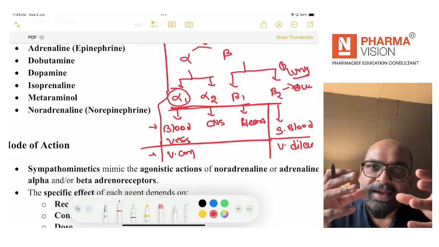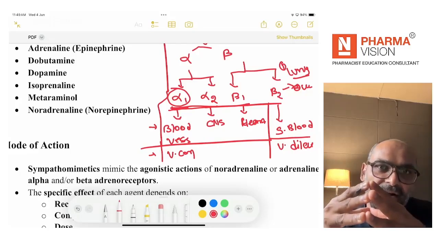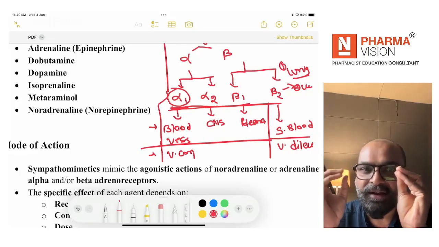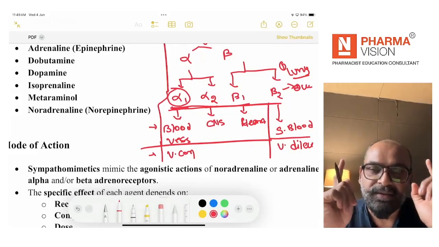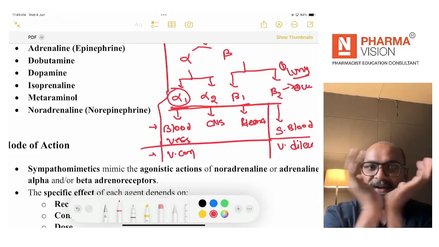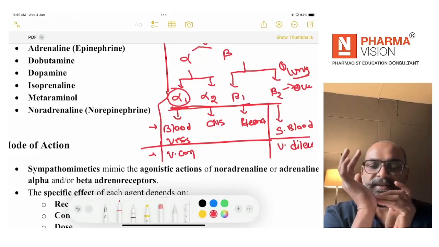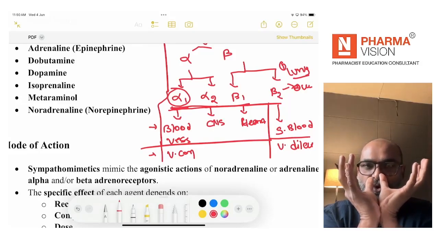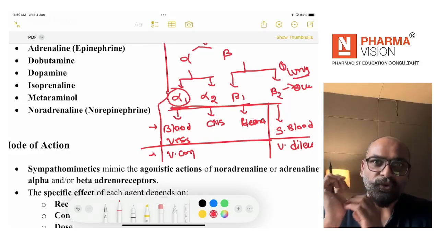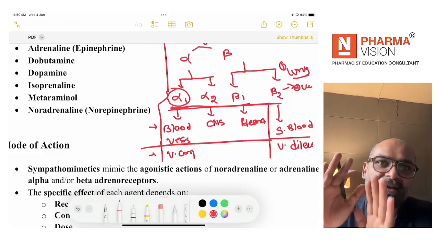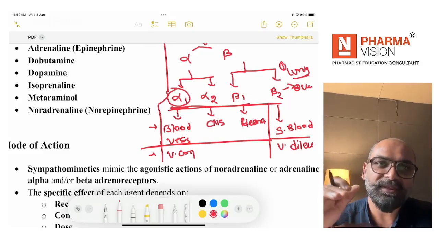That means the urinary bladder sphincter is going to be constricted, and the detrusor muscle is going to be relaxed. That means the sphincter part is going to be locked, and the bladder body becomes more relaxed. So urine holding capacity is increased. Once the situation is resolved, then Ramesh urinates.